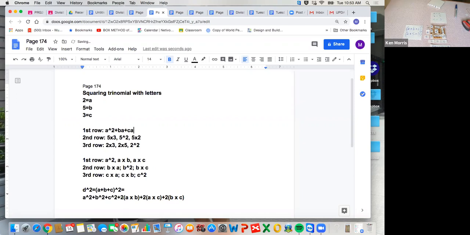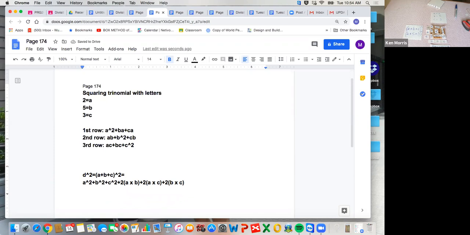My second row will be AB plus B squared plus CB. And my third row, my bottom row, will be AC plus BC plus C squared. I'm going to get rid of this. I don't really need it.